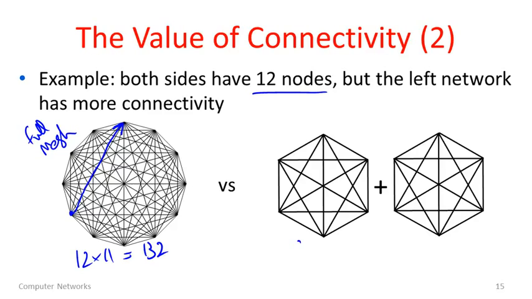So inside one of these networks, we have 6 by 5 unidirectional connections. That's 30, plus another 30. That's 60. So you can see that for 12 nodes here, we have a lot more connectivity, potential connections from one node to another node in the larger network on the left-hand side than on the right-hand side. And that's why larger networks are more valuable.